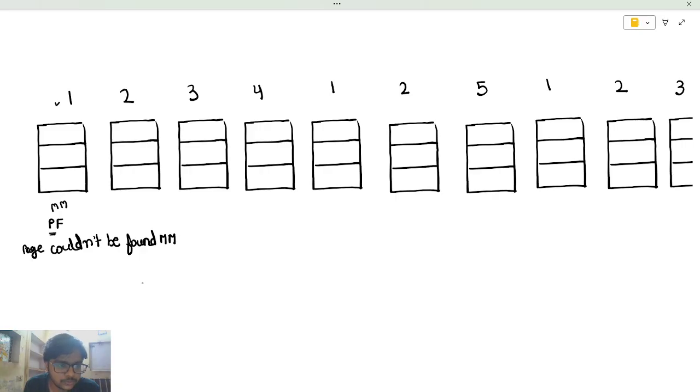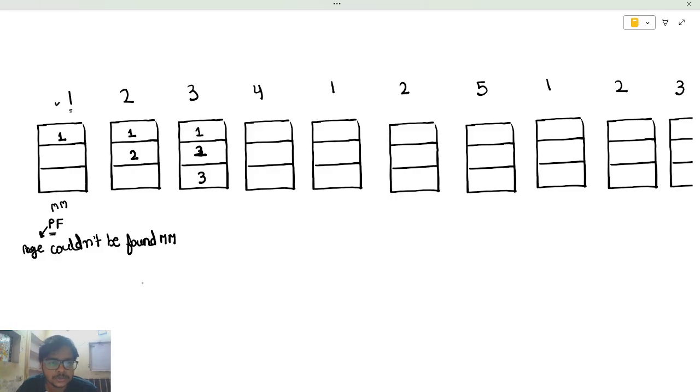So page number 1 will come into main memory, and now the CPU requested the second page. The first was already there, so the second will occupy the remaining frame, and similarly when it requested the third page, it will occupy this frame.